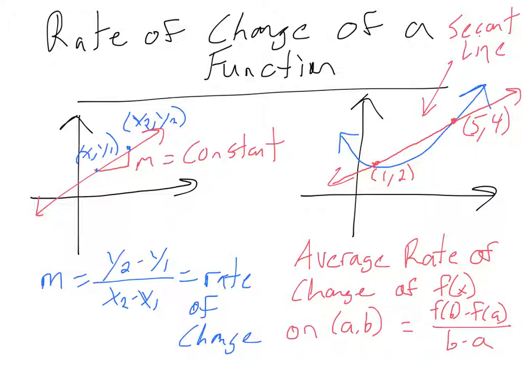Because these are the y coordinates. This is like y2 minus y1. The f of b is the y coordinate at b, and f of a is the y coordinate at a. So y2 minus y1 over x2 minus x1. It's the same formula we used right here, right, for these 2 points.